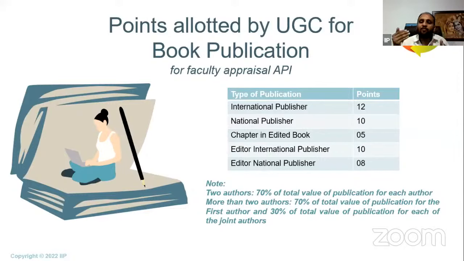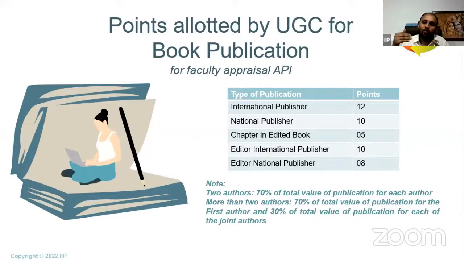What if there are multiple authors for a book? If there are only 2 authors, then 70% of the total value of the publication will be allotted to each author. For example, if I publish a book under a national publisher, then 70% means 7 points will be allotted to both authors.